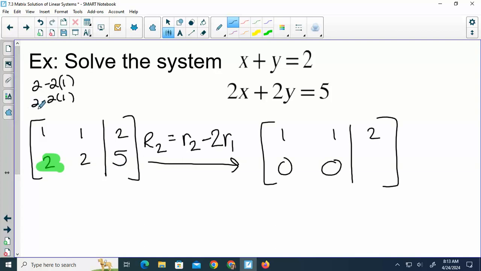Last one, 5 minus 2 times the number in row 1. So 5 minus 4 is 1. What does that bottom row say? 0 equals 1. And we know that is not the case, so we get to stop and say no solution, inconsistent.